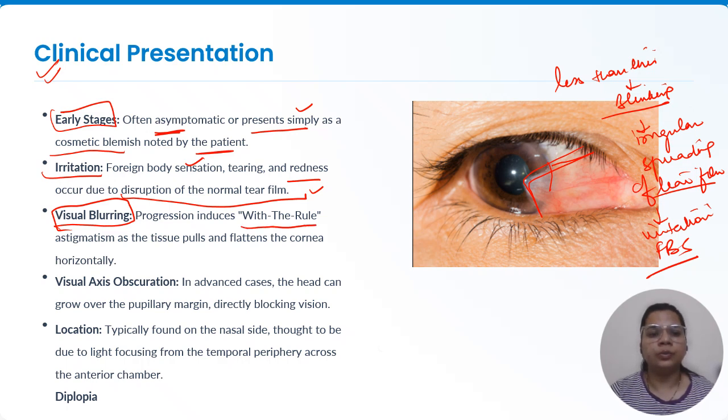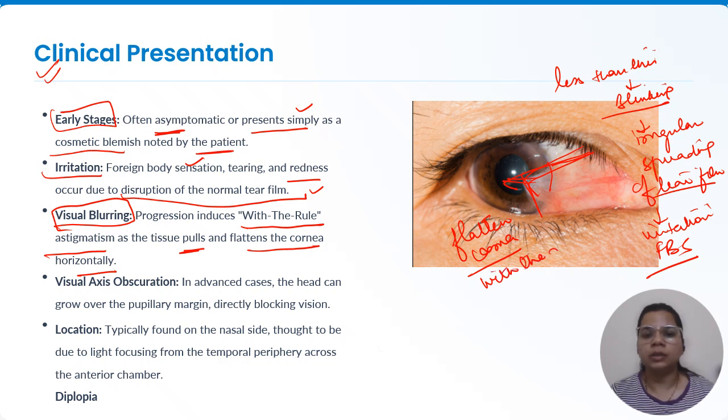It induces with-the-rule astigmatism as the tissue pulls and flattens the cornea horizontally. So this pterygium will pull this way and flatten the cornea. And when the cornea is flattened horizontally, there will be with-the-rule astigmatism. With the rule is when the vertical is steeper than the horizontal.